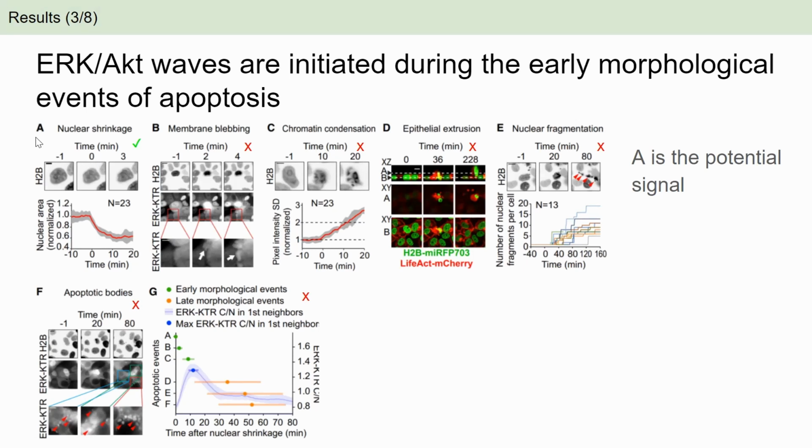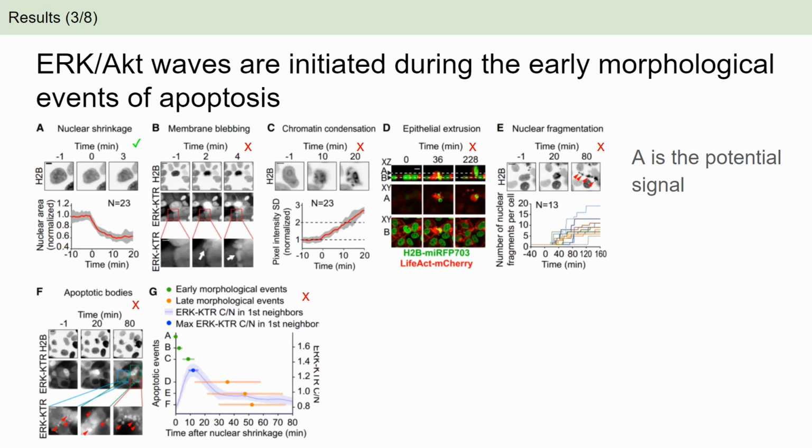So is that what the tick and the cross are supposed to mean? There's a tick and a cross on each of the images. Oh yeah, the tick means that they actually tested to see which event might let them track when the cell undergoes apoptosis in this cell line.